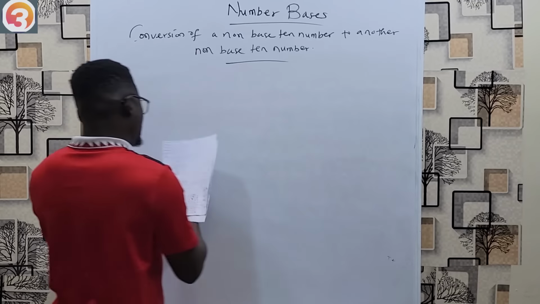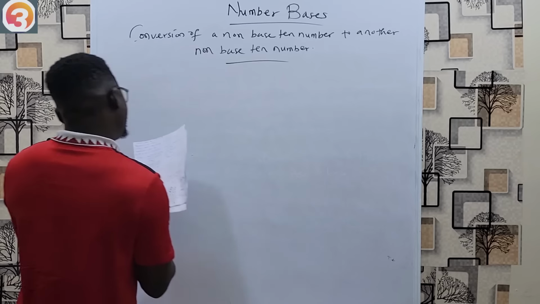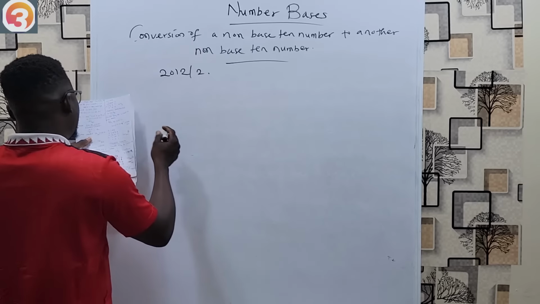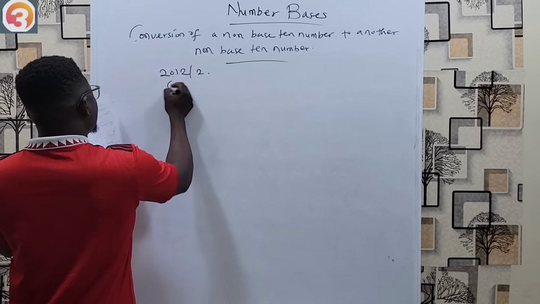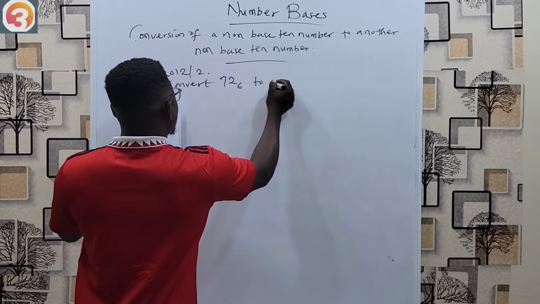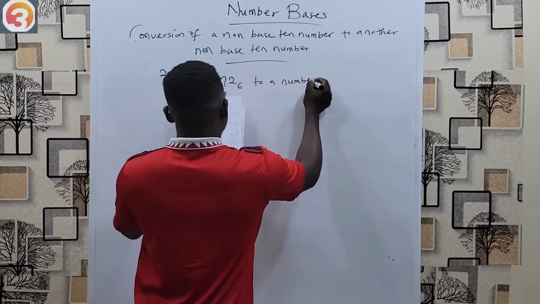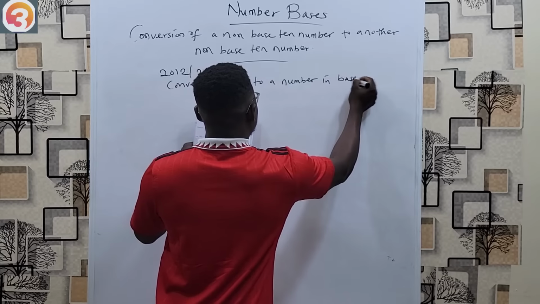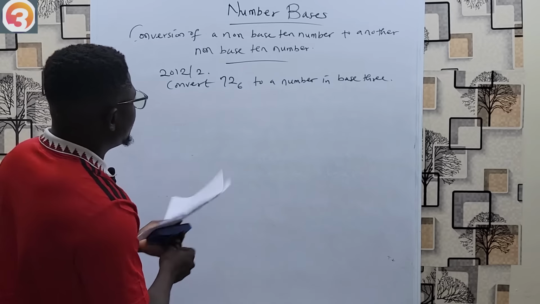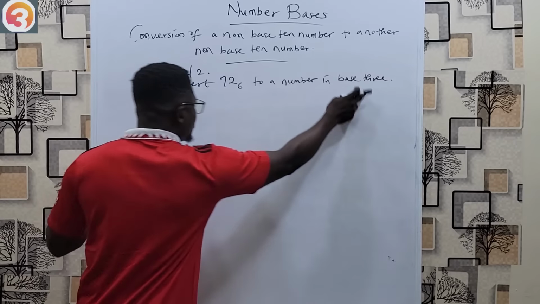So this is O3Schools JAMB app 2012 question 2. They said convert 72 base 6 to a number in base 3. So now it's in base 6. We're told to convert to base 3.